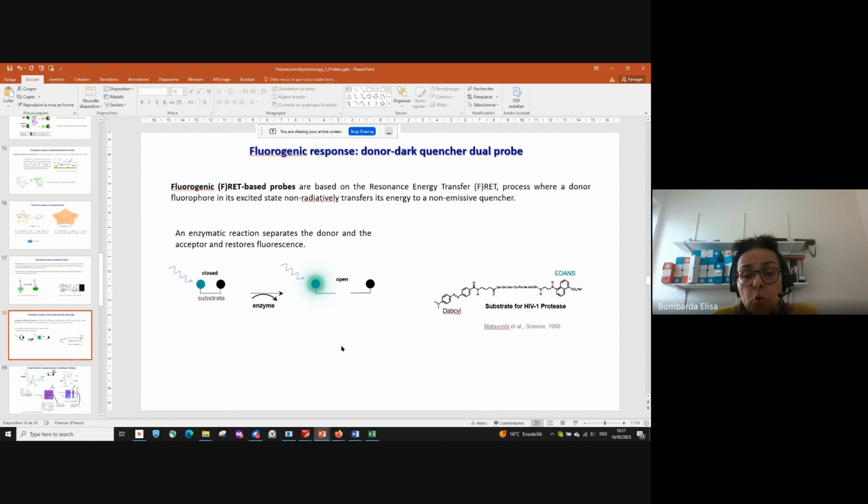The substrate goes there, binds, and the chemical reaction occurs, and then the products are released, moving out from the active site of the enzyme, which is a protein.